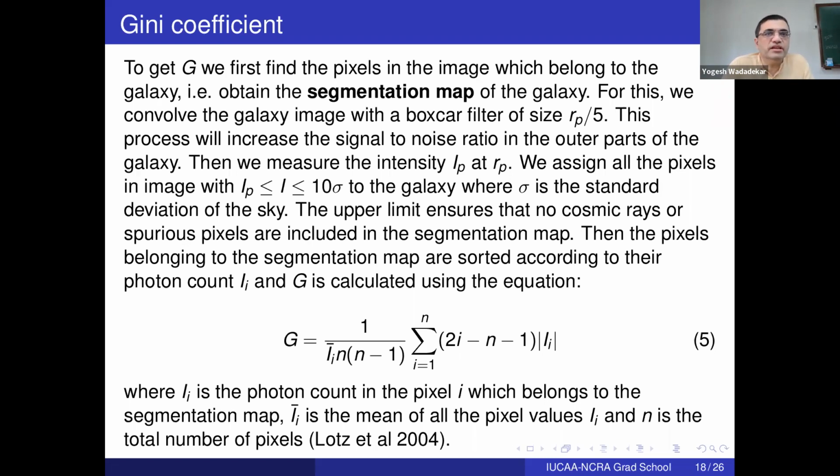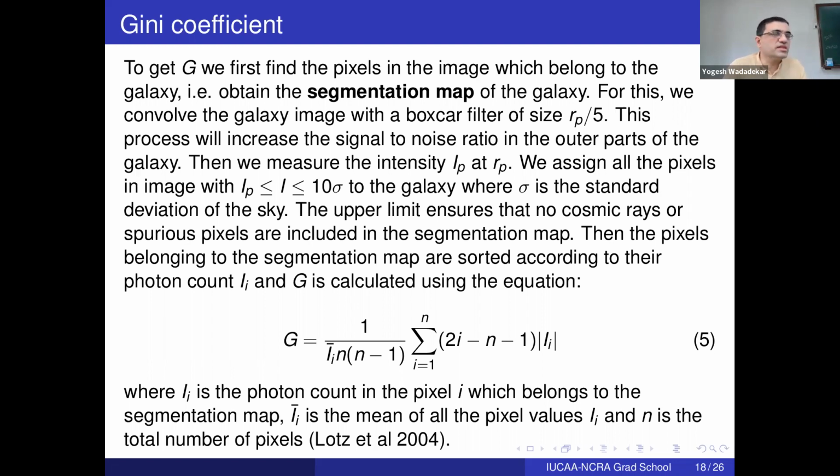So to get the Gini, we first find the pixels in the image which belong to the galaxy. That is, obtain the segmentation map of the galaxy. And so how do you obtain a segmentation map? How do you decide whether a particular pixel is part of the galaxy or it's outside the galaxy? You typically do that by doing this kind of boxcar filtering. So you convolve the galaxy image, so you smooth it.